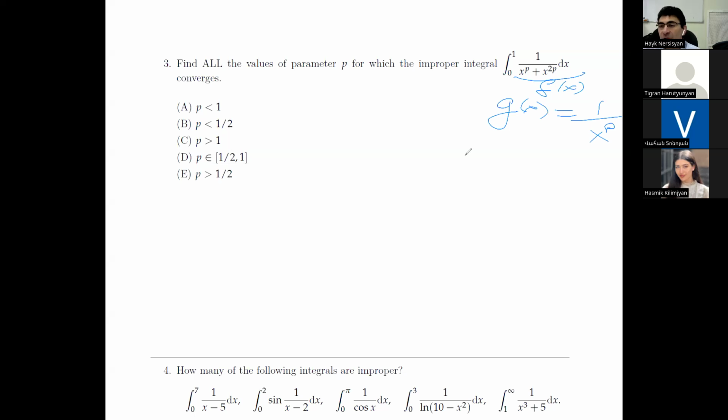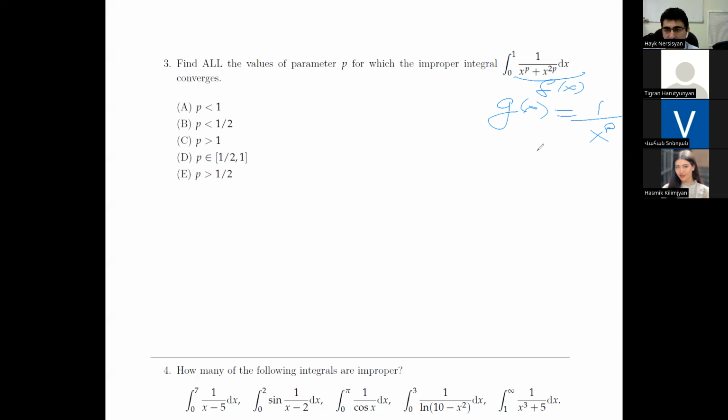The highest term is the highest power of x. Near 0, the biggest term is x with smallest power. Let's check that this choice of g is correct, and also we will see that considering x^2p will not work.